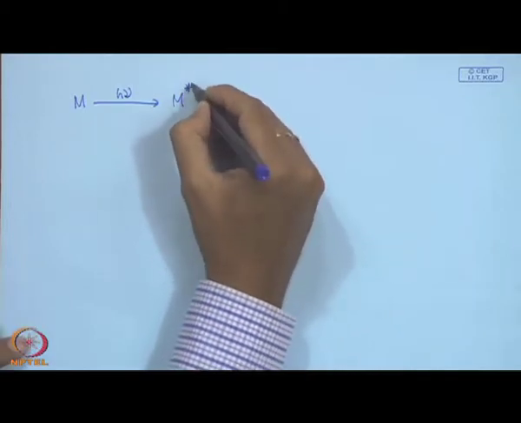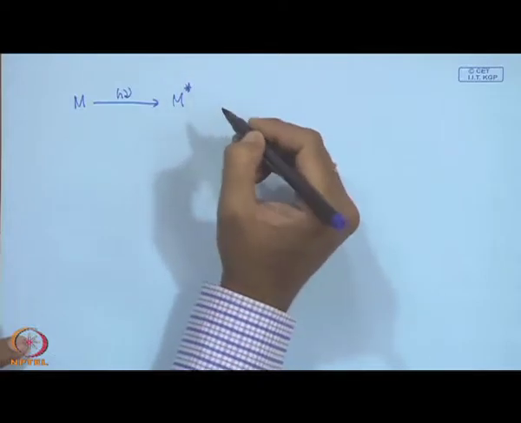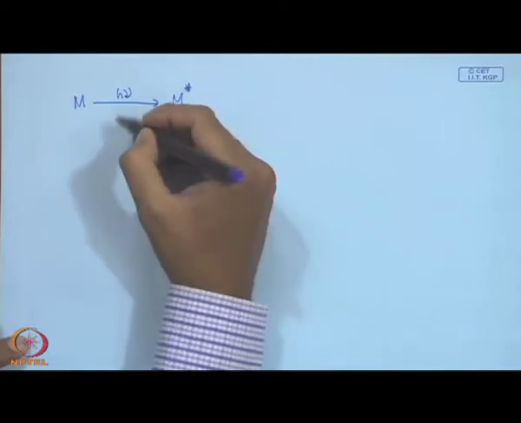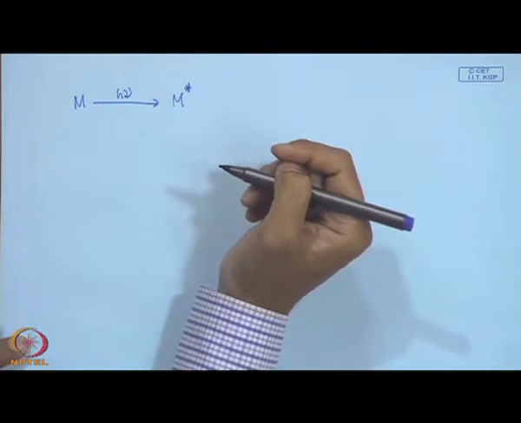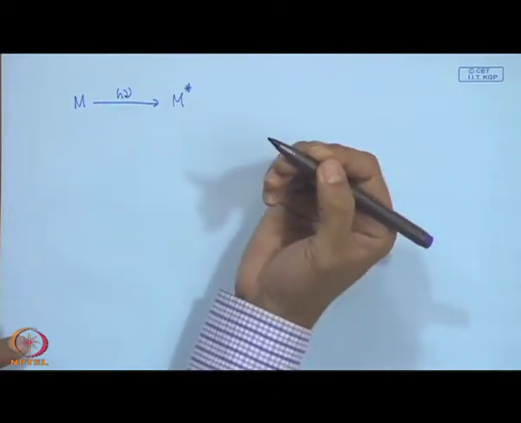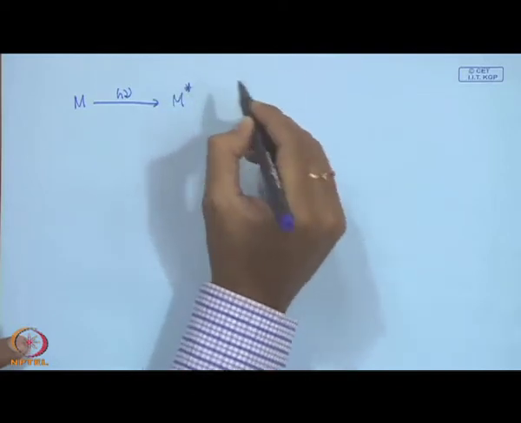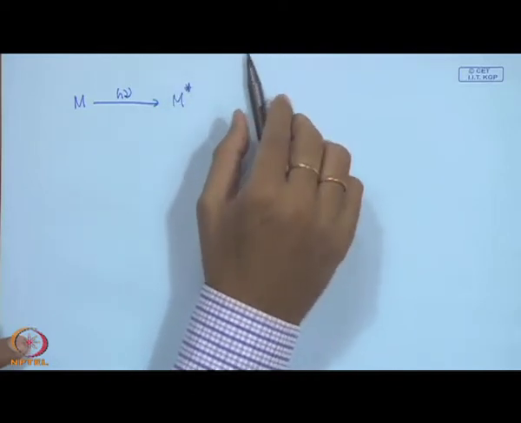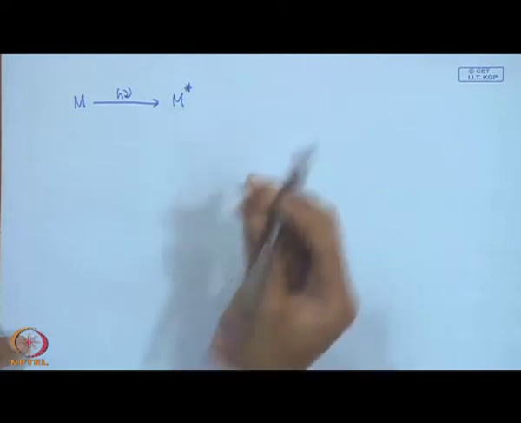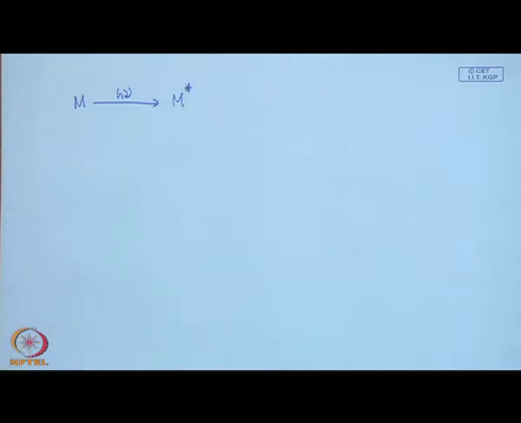Since the excited state has additional energy compared to the ground level, by h nu, it is not a very stable situation. It may be metastable or maybe unstable. So, what will it do?